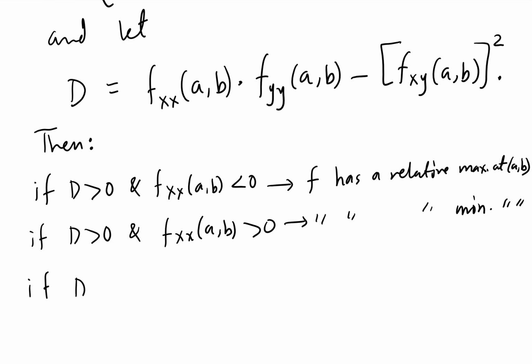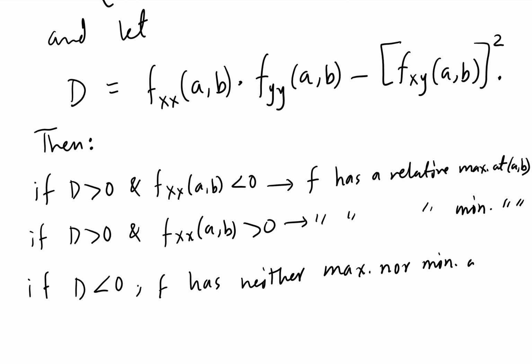If D is negative, it automatically follows that f has neither max nor min at the point (a, b).